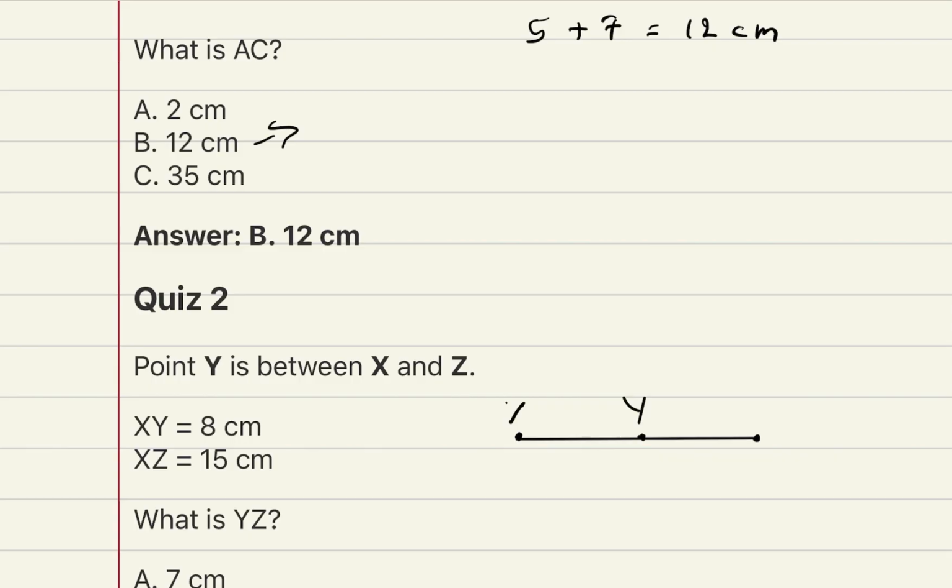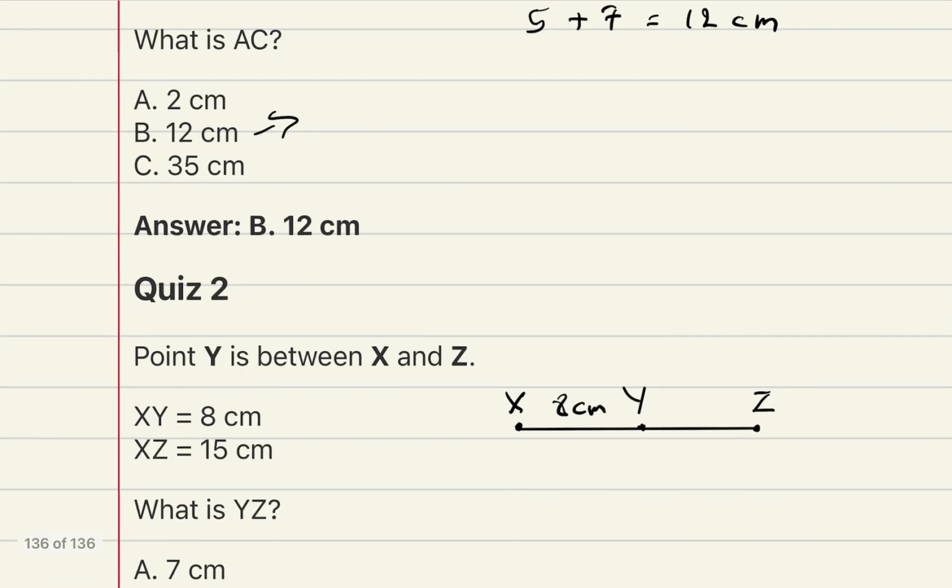And we can make this X and this Z. Okay, so you can see here they're telling us that XY is 8 centimeters and XZ, so in this case this whole thing is 15 centimeters. So they're asking us, what's this? Right, so what is this? What is YZ?